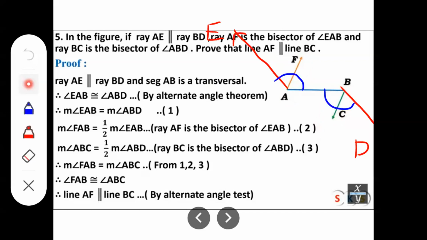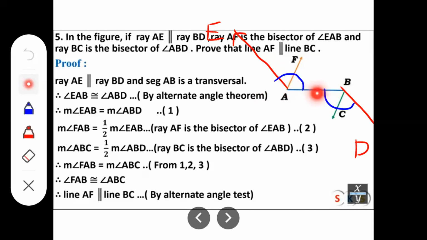Now it's very simple. See the proof here. Ray AE is parallel to ray BD, as it is given in the example. Now in the first case, consider AB as a transversal.